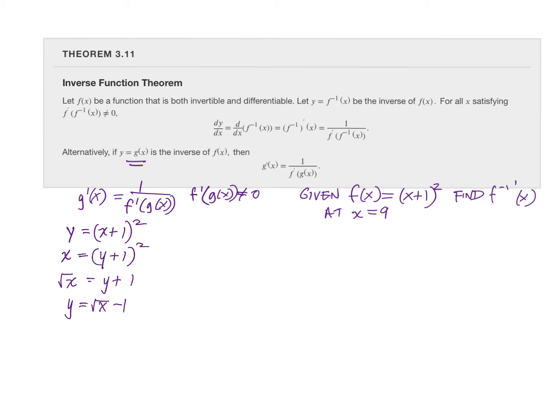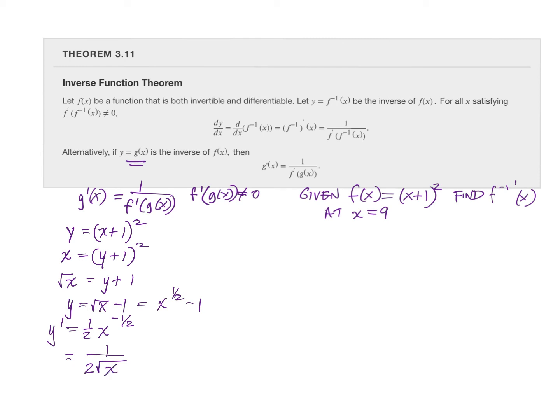If I wanted to take the derivative of that, I would rewrite this as x to the 1/2 power minus 1. The derivative would be 1/2 x to the negative 1/2, and then the derivative of negative 1 is just 0, which I can rewrite as 1/(2 times the square root of x).